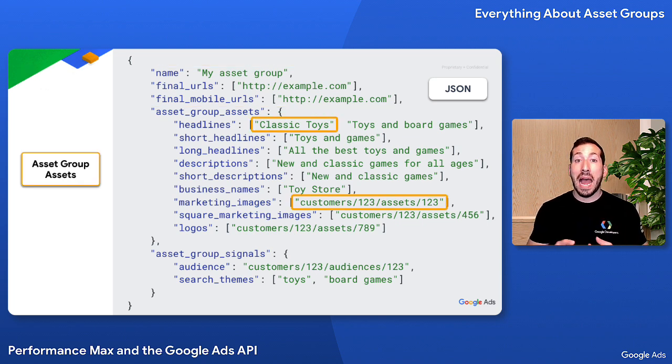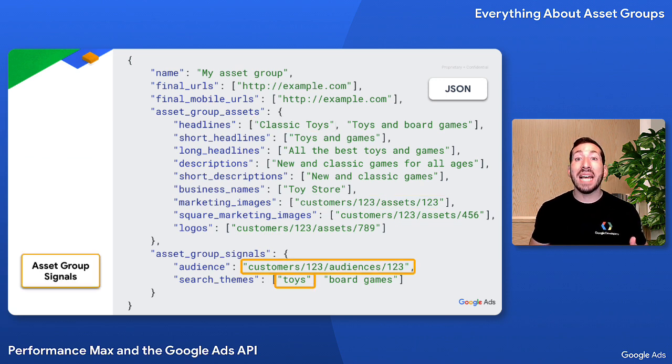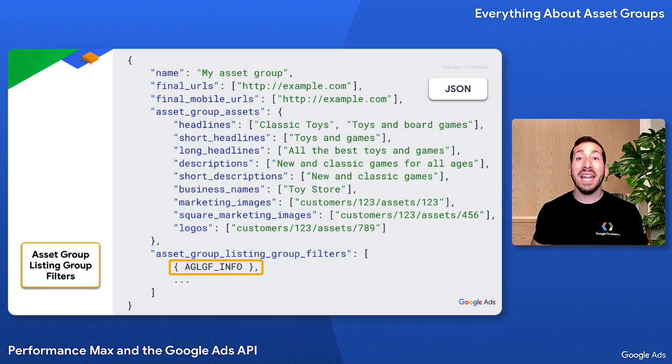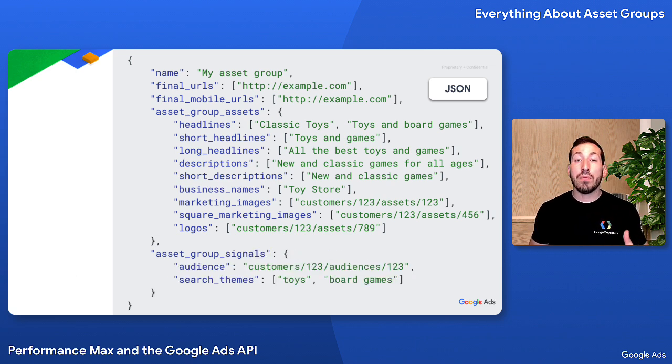These include assets, which are linked to asset groups using the asset group asset resource, asset group signals, and asset group listing group filters. In this representation, I have nested each of these resources inside the asset group object. Now, in actuality, none of these fields are actually nested.